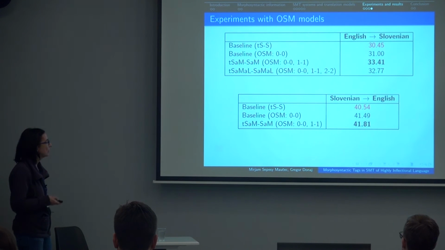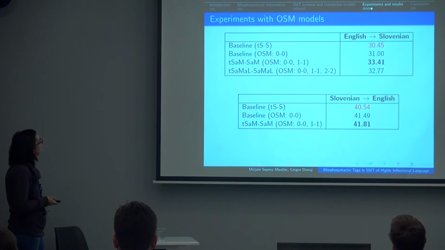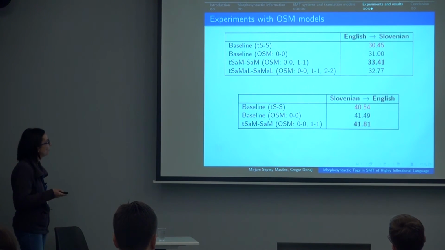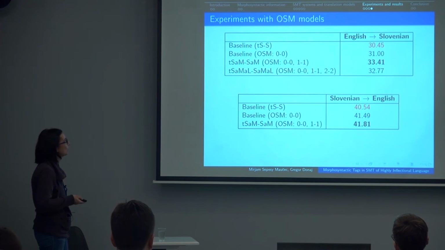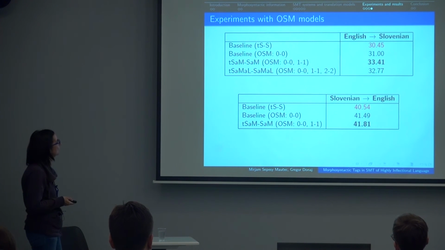And in the last set of experiments, these OSM models were added to the factor translation system. In the first line, again, is the baseline result. In the second line is the OSM model over surface form added to the baseline system. We can see that results improved. And to the factor translation based on surface form and MSD tags on both sides, OSM models over surface form and MSD tags were added.